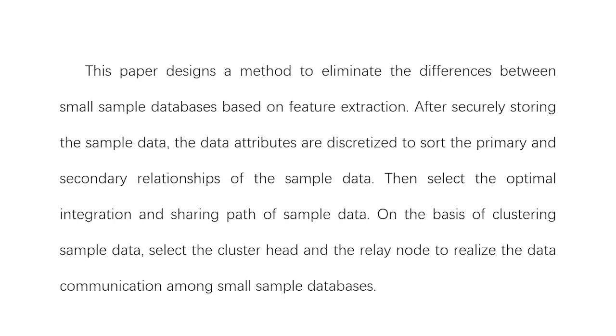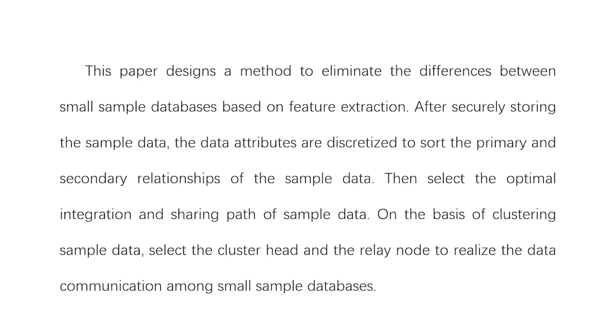This paper designs a method to eliminate the difference between small sample databases based on feature extraction. After securely storing the sample data, the data attributes are discretized to show the primary and secondary relationships of the sample data. Then, select optimal integration and sharing paths of the sample data.